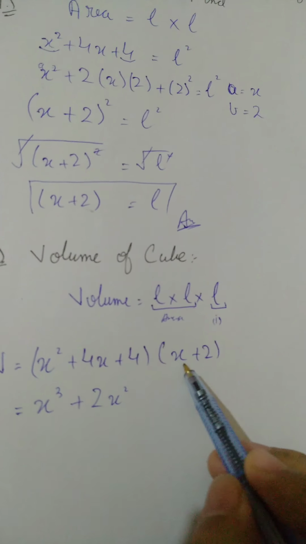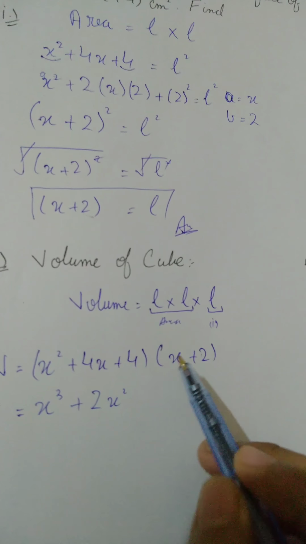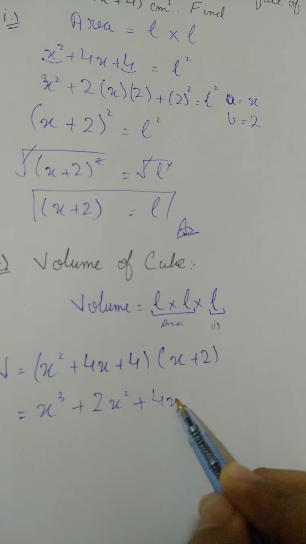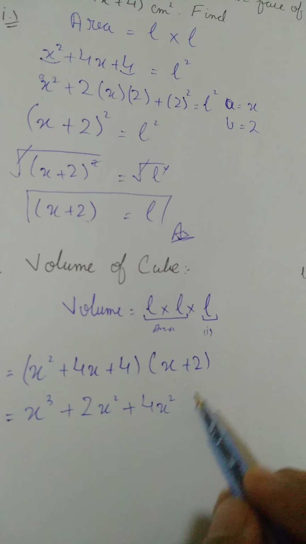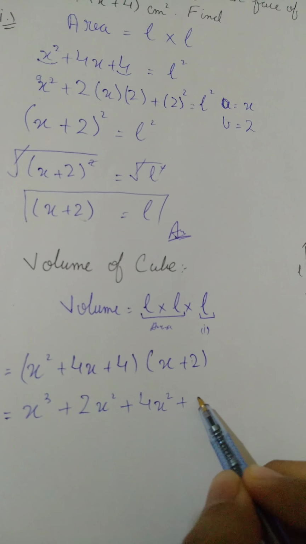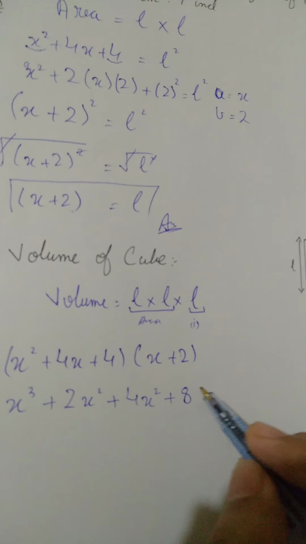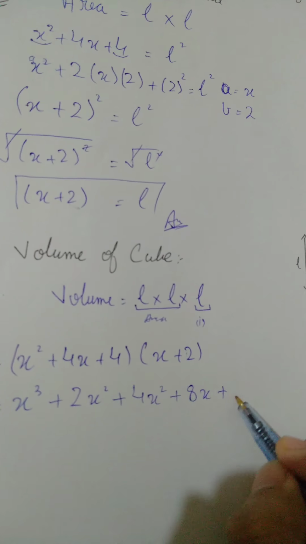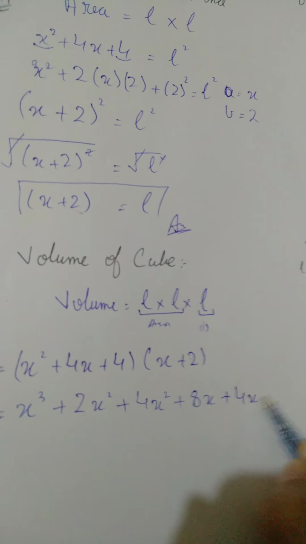Now 4x with x and then 4x with 2. 4x into x is 4x square, then 4x with 2, 4 times 2 is 8, and then 4 times x is 4x, then plus 4 times 2 is again 8.